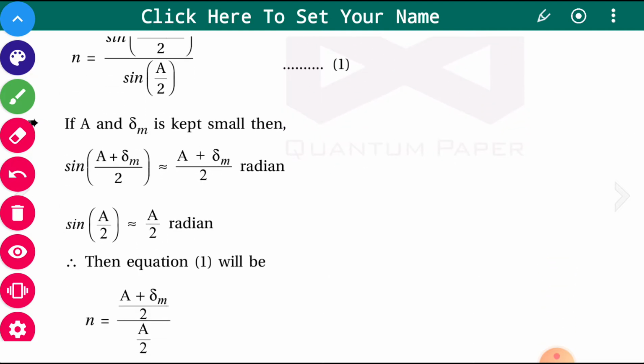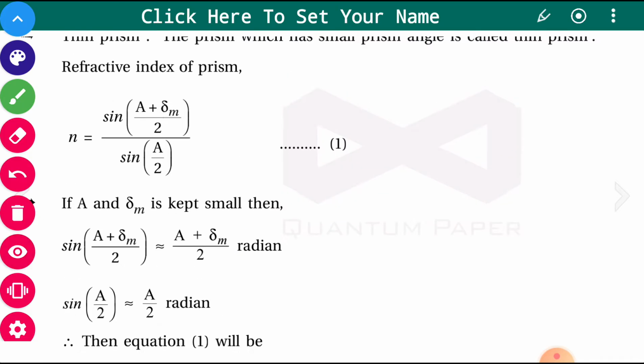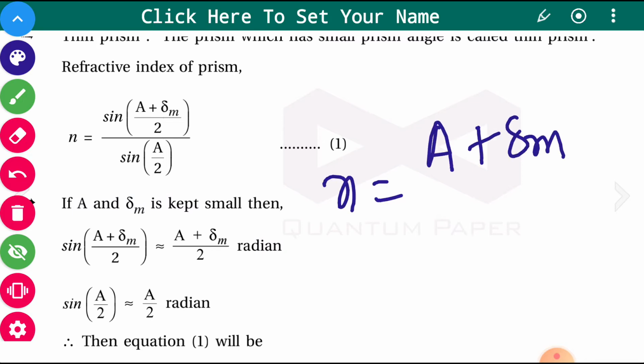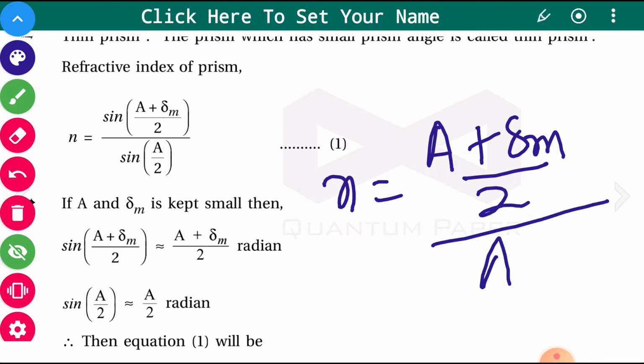then sin theta is equivalent to theta in radian. So we can say sin (A plus delta m by 2) is equal to (A plus delta m by 2) in radian, and sin A by 2 is equal to A by 2 in radian. So this refractive index n can be written as n is equal to (A plus delta m by 2) divided by A by 2.